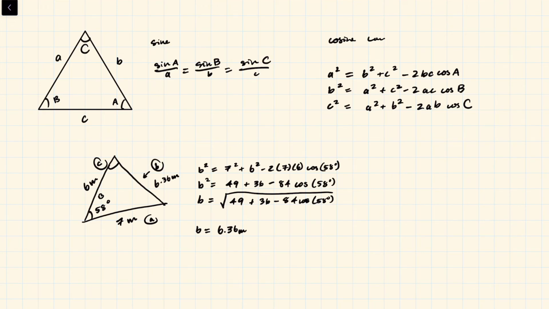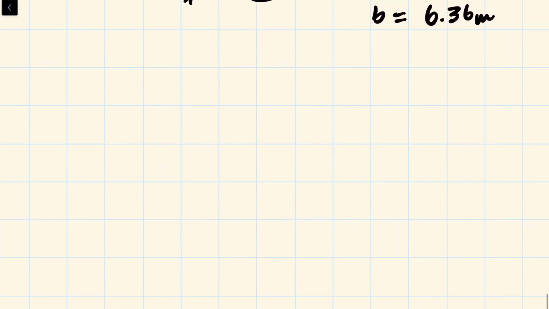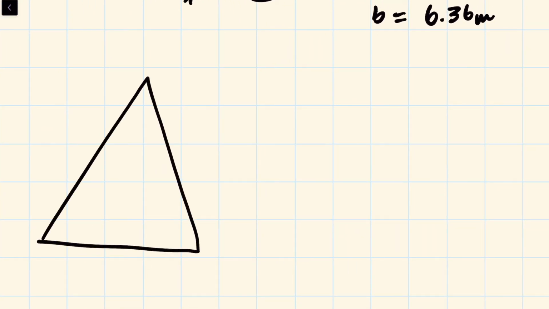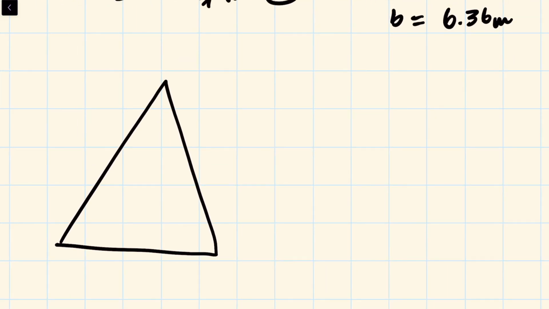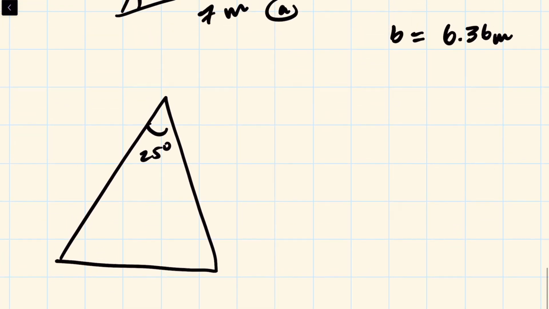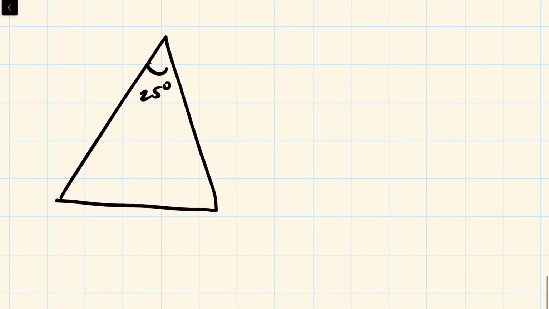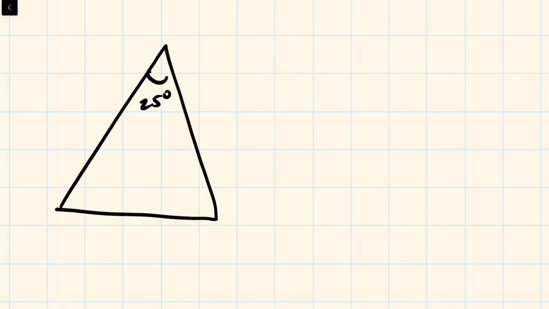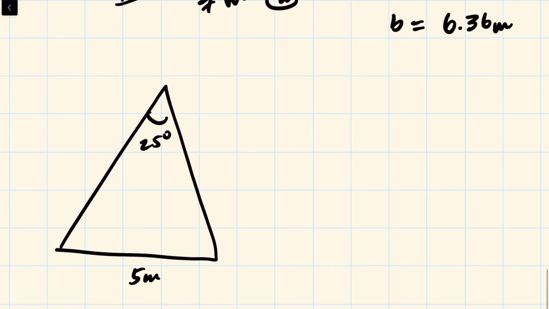So if we want to use sine law, say we have a triangle like this, right? And this here is 25 degrees. This side opposite to it here is, let's say, 5 meters long. And then we have another angle here where we have another side here that, let's just say, is 8 meters.